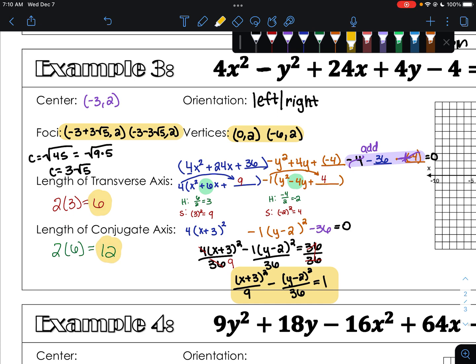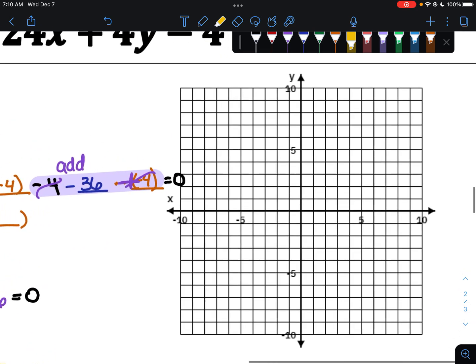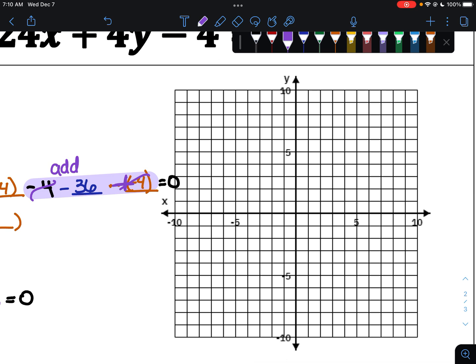So real quick, I can graph this for you. So we have our center at -3, 2. Our first denominator says that we go to the left 3 and to the right 3, and that's where we get our vertices.